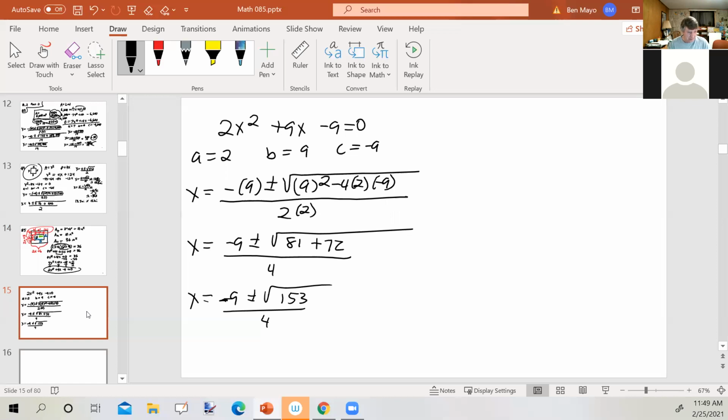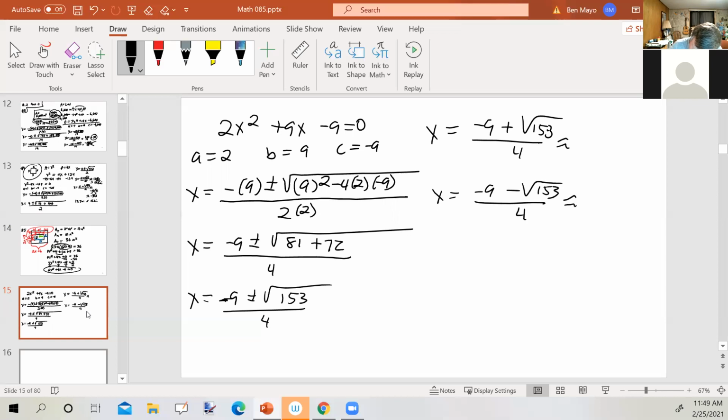And again, remember it said round to the nearest hundredth of an inch. So let's see what our possibilities are. Got that one and that one.